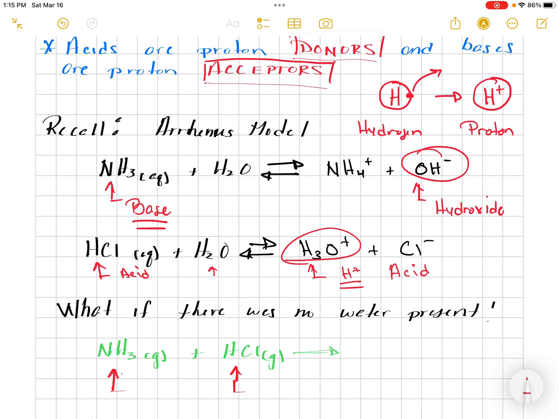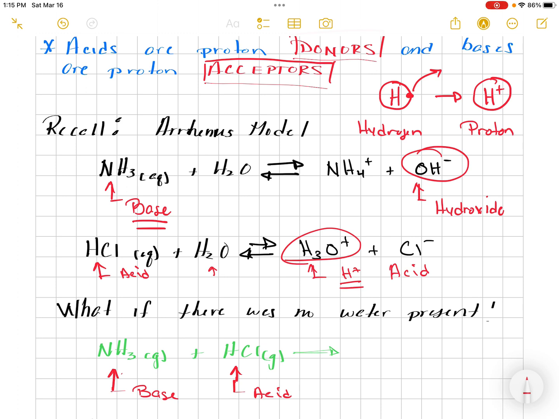This is correct, but it's too narrow because, for example, if we were to take ammonia, which we just established is a base, and react it with hydrochloric acid, which we already established is an acid, does this constitute an acid-base reaction?